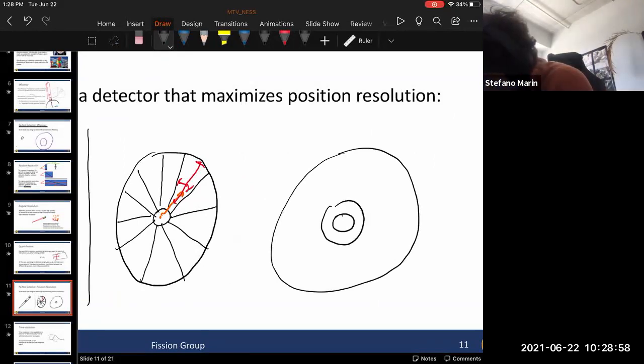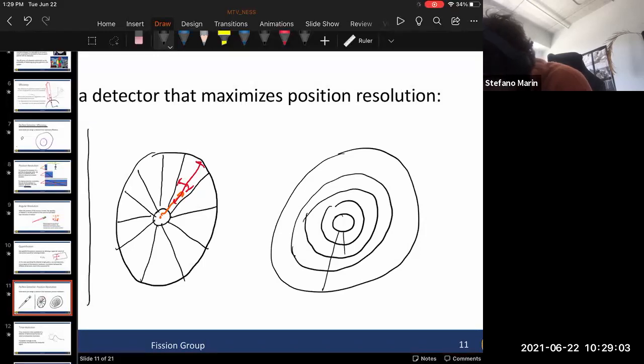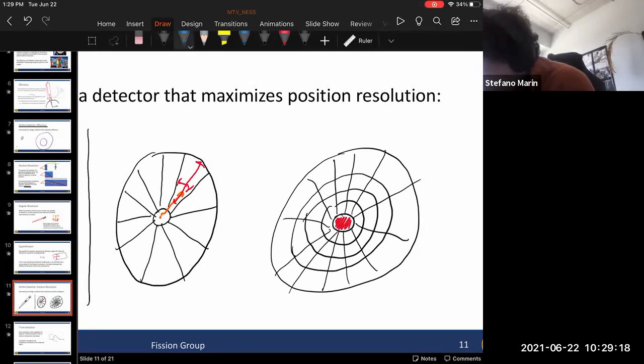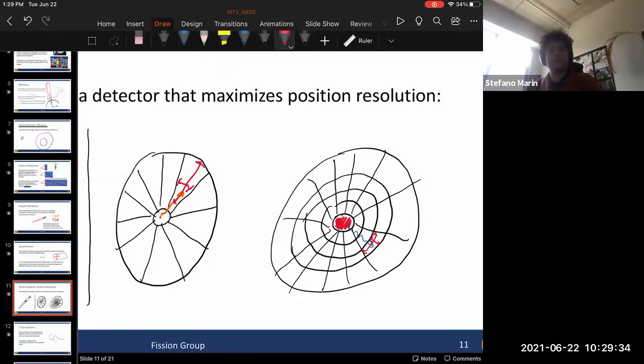So how would I do that? Well, I start making many detectors, as small as possible, all around the source. There we go. So this is where the source would be, at the center. And you can see that if I do that, each interaction, let's make, for example, one interaction here, would give me an angular resolution that is inversely proportional to the number of detectors that I put around the source, and also inversely proportional to the number of detectors that I put radially out from the source.